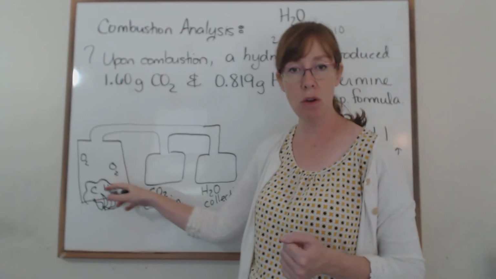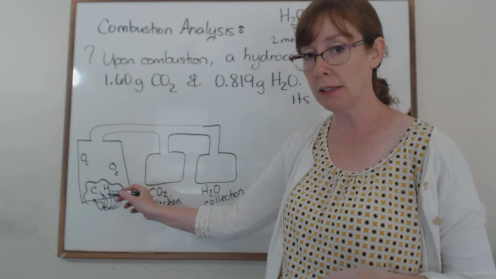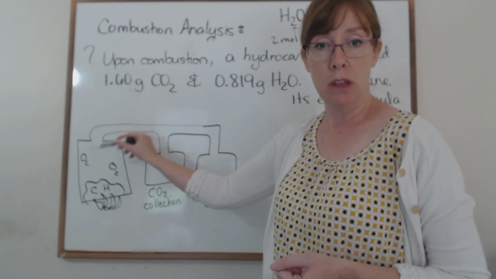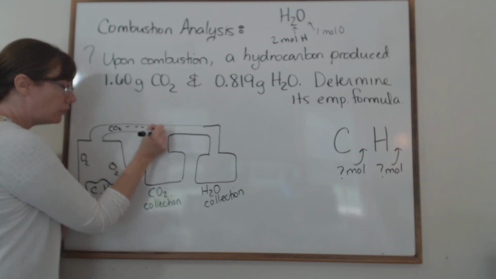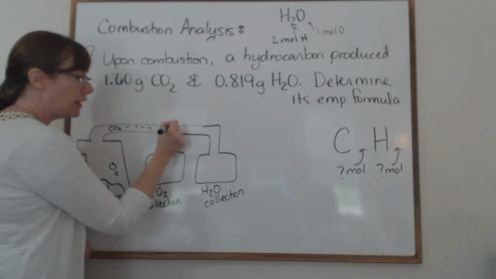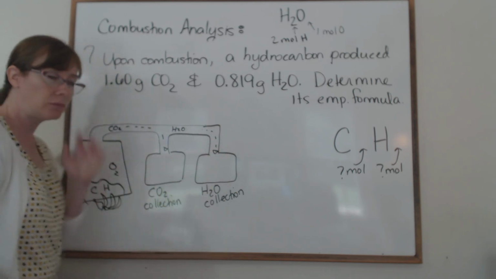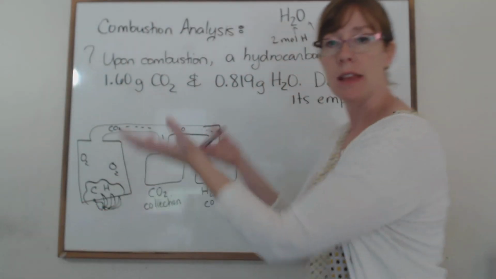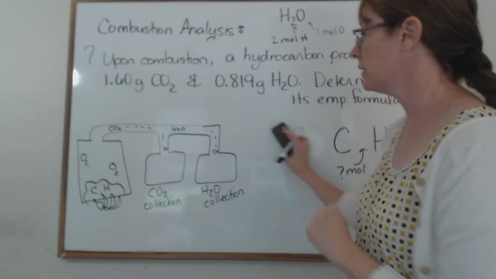You have this unknown material. You know it's a hydrocarbon, but you don't know what the empirical formula is. You burn it, you collect the CO2 gases. They're kind of moving along and they travel down here. And you collect your H2O gases where they're collected. And then they weigh them. And that's where you get the data. Okay, so that's just generally how this works.